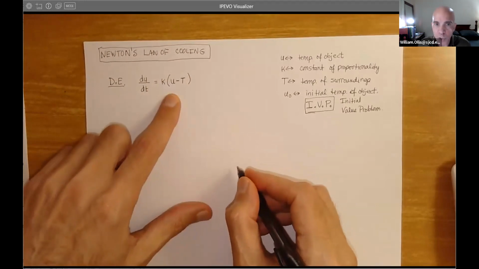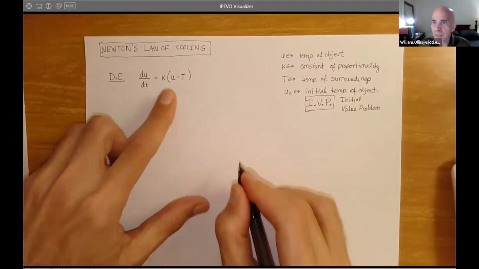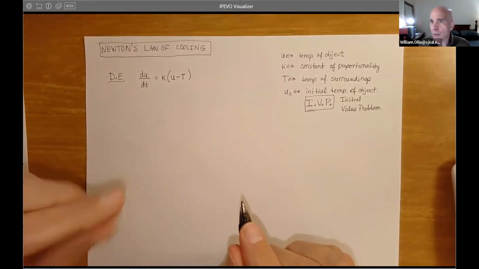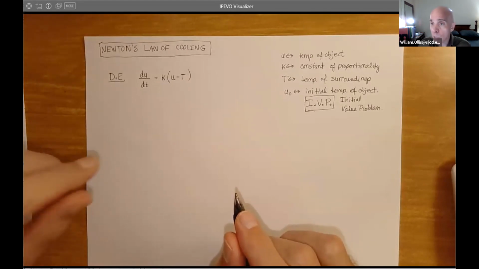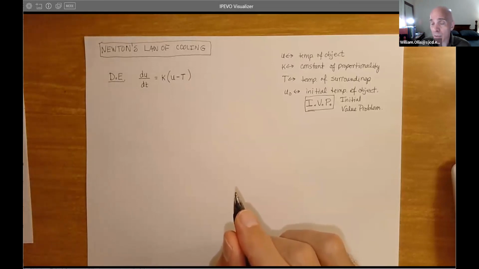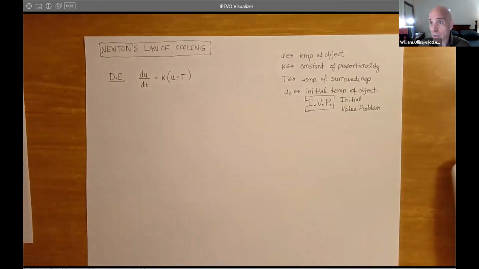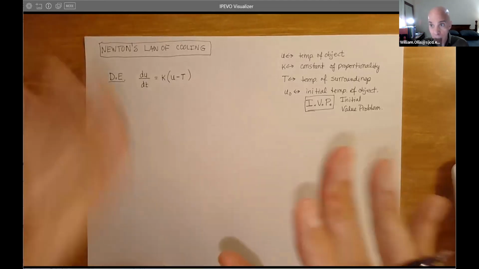So again, Newton observed this, and this is probably more of a law that makes sense to you when I write down the actual solution curve, because living in Texas, we certainly know what it means to have our vehicle sitting in the Texas sun, and then we go back to the car and we open the car and it's like a heat wave. And then we're a little bit hesitant to sit down. If you got leather seats, it's like, okay, let's put a towel down or whatever.